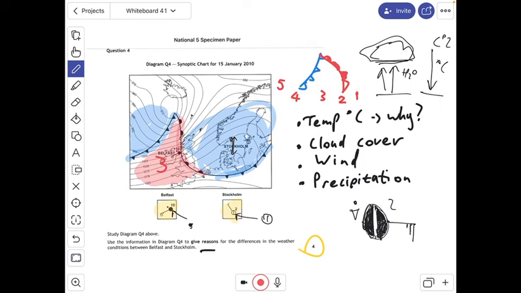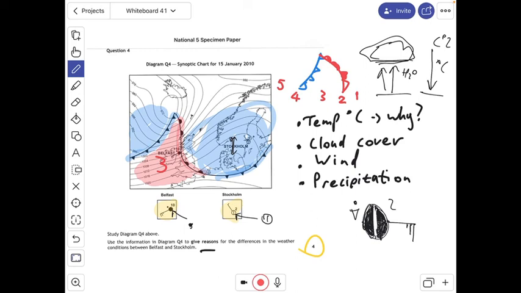Alright? Wind. The wind is stronger in Belfast due to changes in air pressure, as Belfast has just gone from being in a cold air mass to a warm air mass, and this change in air pressure has caused strong winds, as well as there being an approaching cold front.